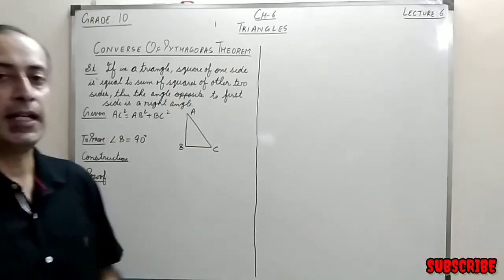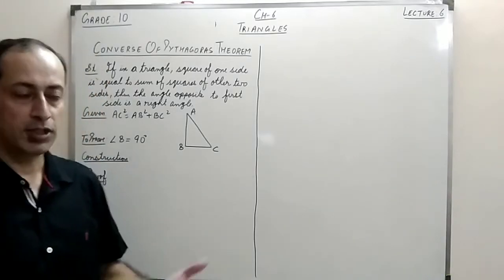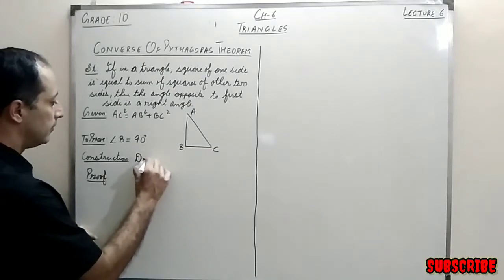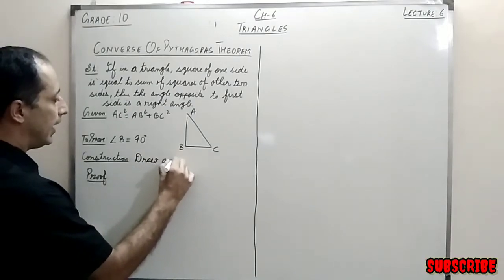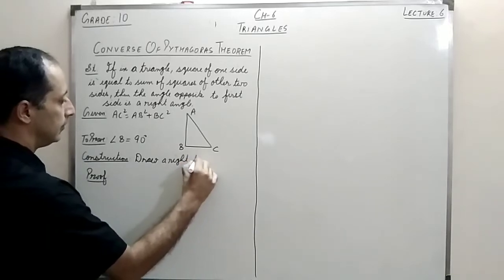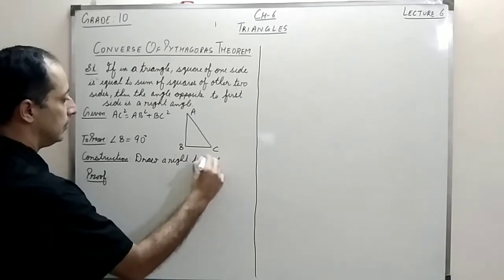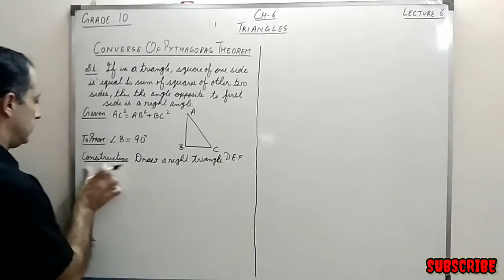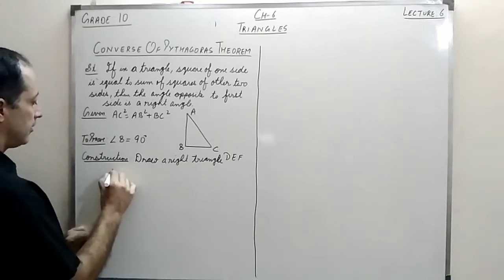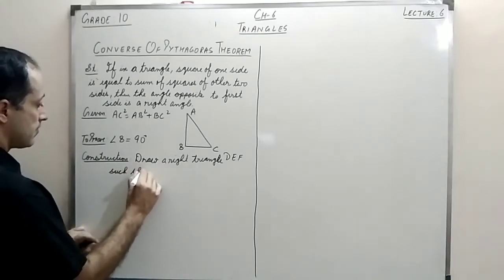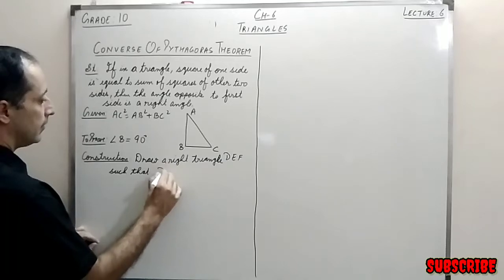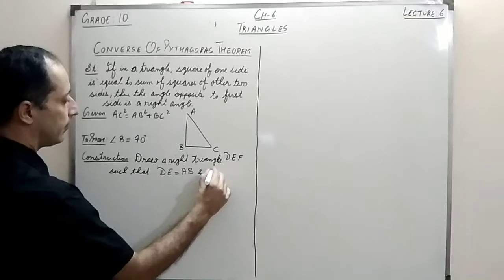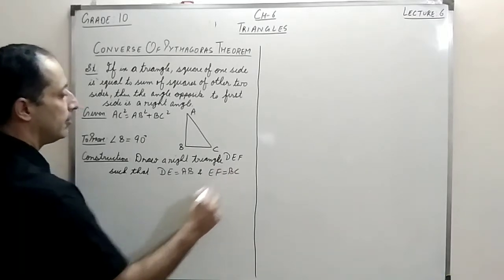And we have to prove that angle B is equal to 90 degrees. So there is a small construction here. What we do, we draw a right angle triangle DEF such that DE is equal to AB and EF is equal to BC.